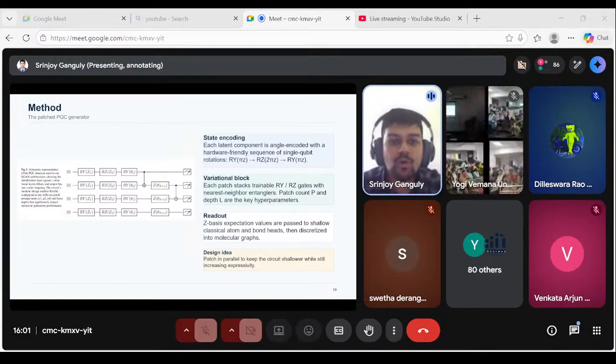But you should be more familiar with this circuit, and this is the C naught gate which you have in between. The C naught gate is used to create entangling operations between the qubits, and that's how quantum computing is essentially different from classical, because entanglement is something which you cannot really do on a classical computer, but only on a quantum computer.